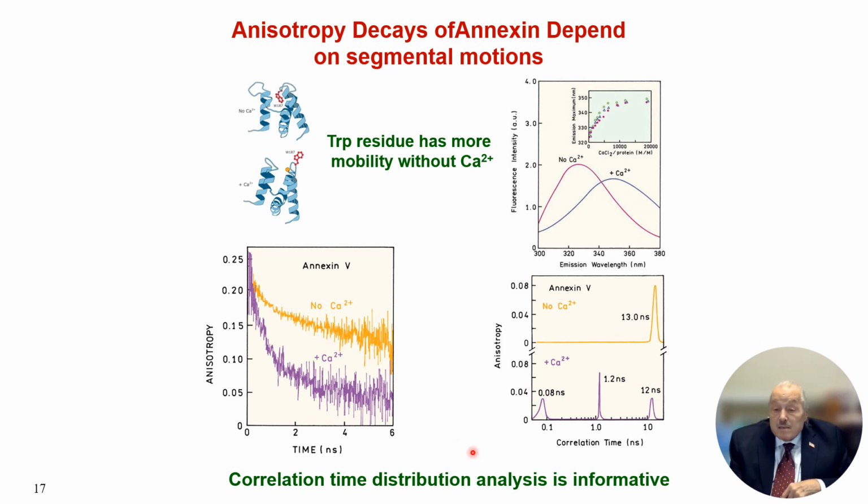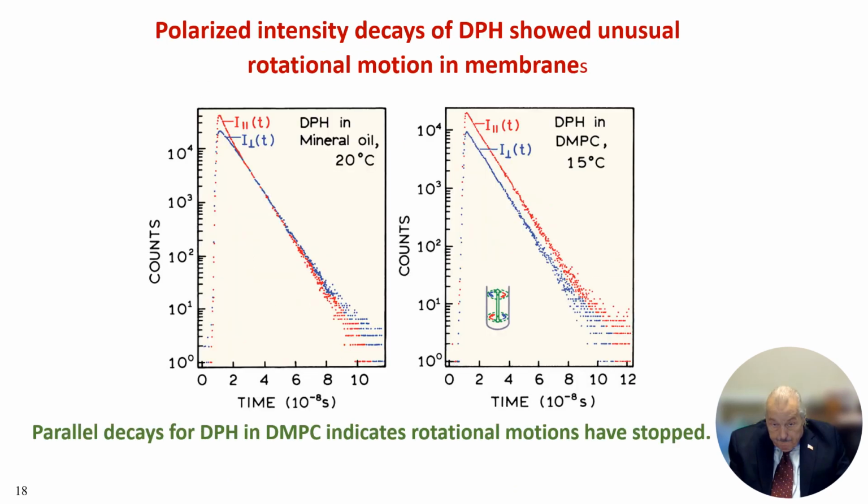When we put calcium into it, now we have several different components, and once again, at longer times, we see the overall rotational motion of the protein, but at shorter times, there are segmental motions of the tryptophans, and you have the shorter correlation time components, which is the reason for the rapid anisotropy decay at the beginning for this protein.